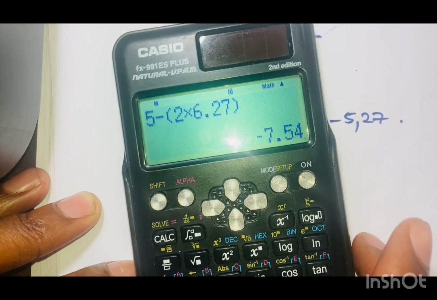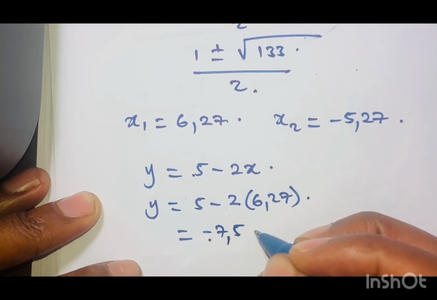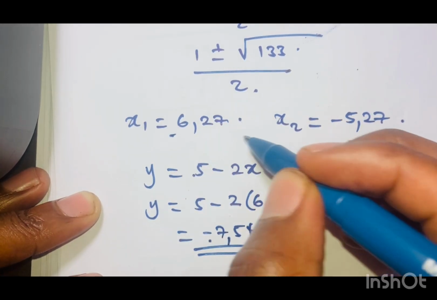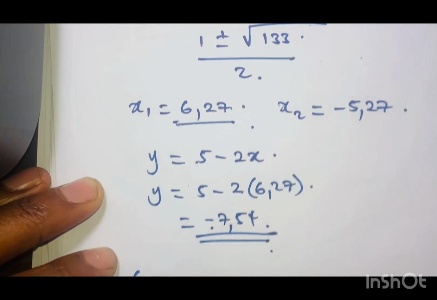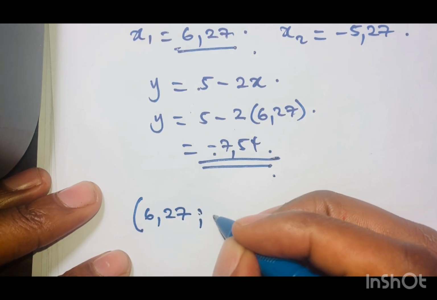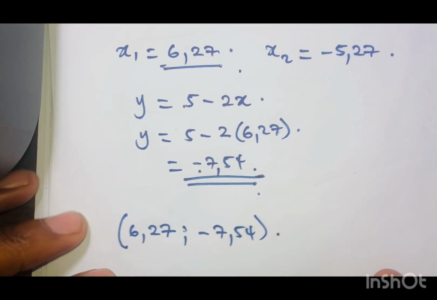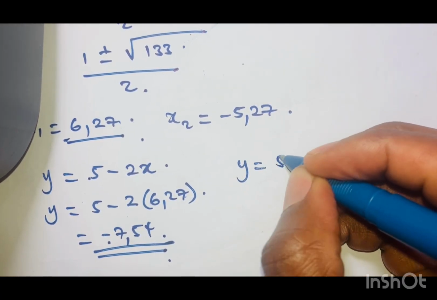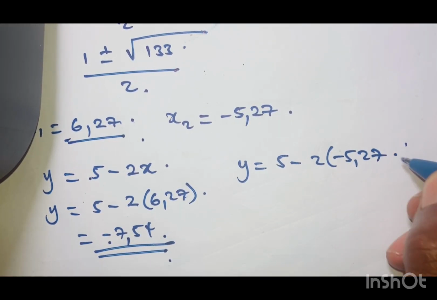It's going to give me minus 7.54. So that's the value of y for the corresponding 6.27. So the first coordinate is 6.27 and negative 7.54.